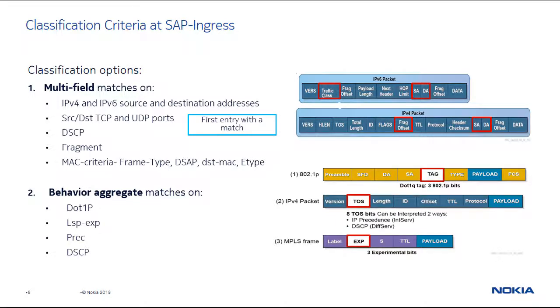An arriving packet may contain more than one of these marking headers, for example, .1p and DSCP. There is a hierarchy defined to make sure that the classification rule selection is not ambiguous when there are multiple matches. Note, after configuring a policy with IP or IPv6 criteria in a multi-field, it is not possible to configure a MAC criteria in the same policy.